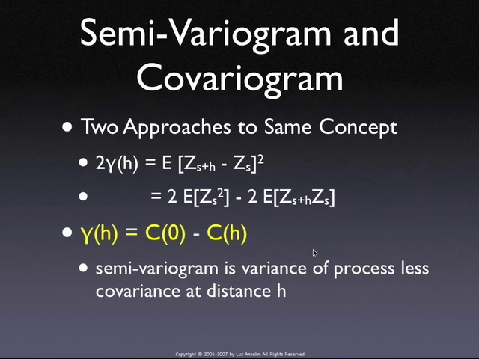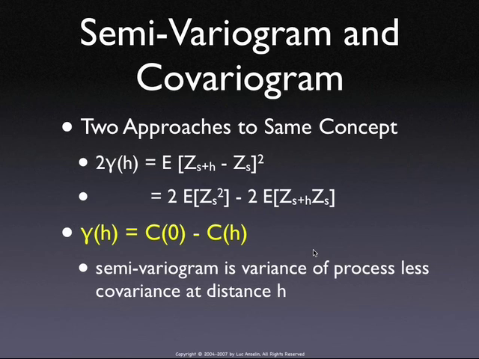Because we have a constant mean assumption and a constant variance assumption, the square of this one and the square of that one are the same. It's simply the variance of the process. And here we have minus 2 times the covariance.